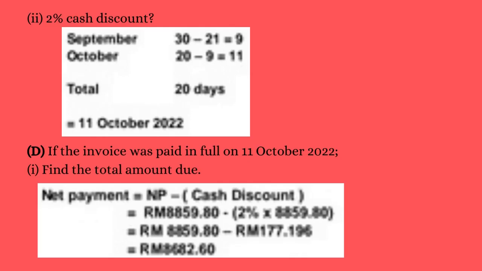So we will answer the bracket first, and then 8859.80 minus 177.196. The answer is 8682.60 ringgit.